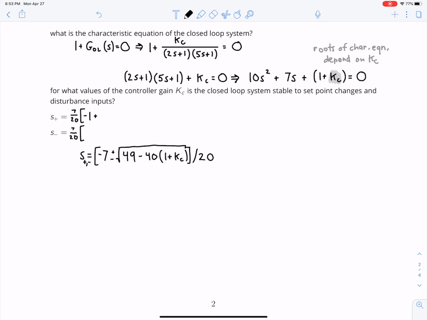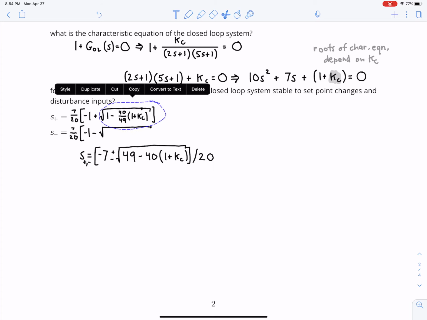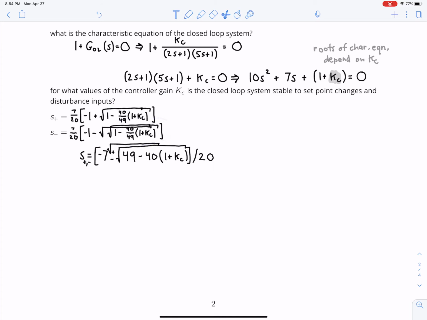So then that 7 was factored out, so you have the square root of 1 minus 40 over 49, 1 plus Kc. Yep, great. So this is the plus root, and the minus root is this.